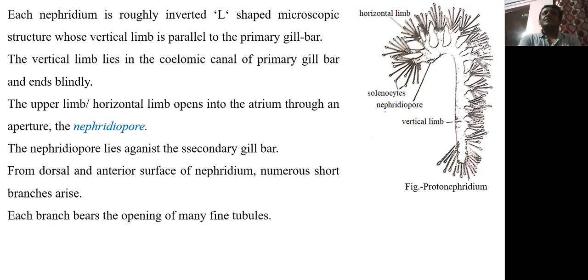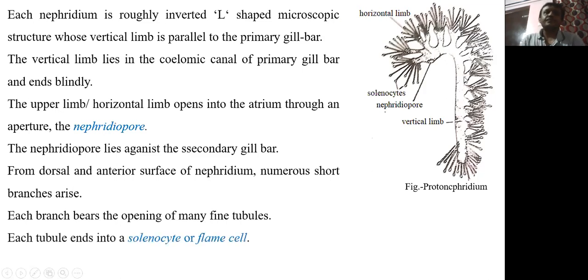Each branch has openings of many fine tubules. Again in the diagram we can see that each branch receives many such fine tubules. Each tubule ends in a solenocyte, which may be referred to as a flame cell. All these are solenocytes, which are present over very fine tubules.